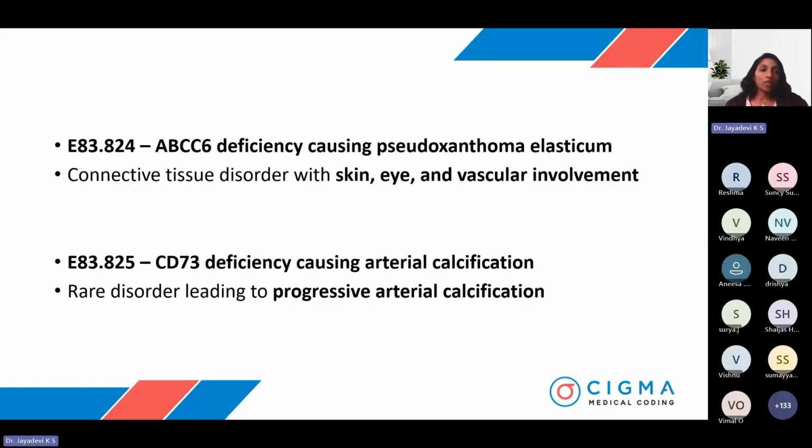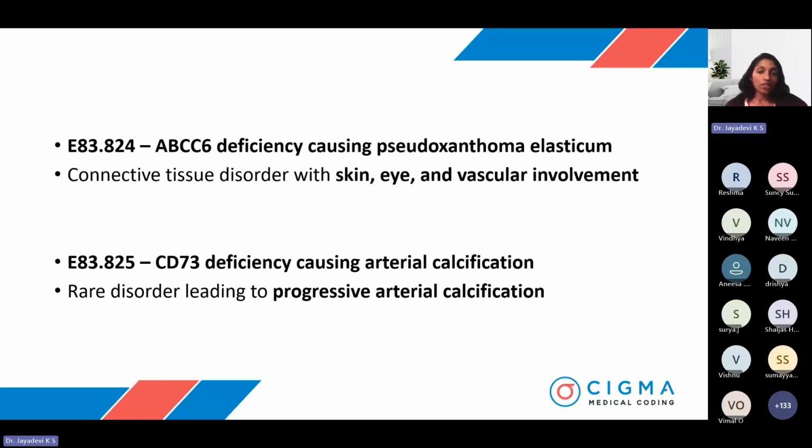Another one, E83.824, ABCC6 deficiency causing pseudoxanthoma elasticum. This is a connective tissue disorder affecting skin, eye, and vascular tissue. Usually cartilages and other connective tissues are affected by the deficiency of gene ABCC6.